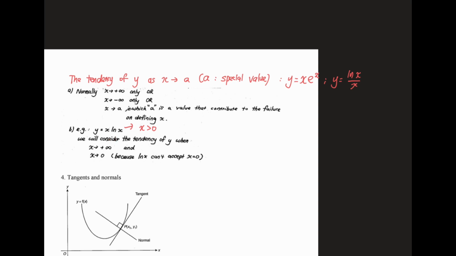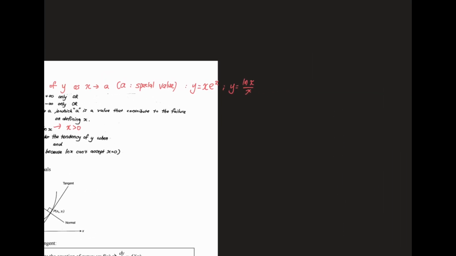Let's say for example, I want to sketch this graph, y equal to x ln x. Now let's see what we should do. What kind of technique do we need to use here?